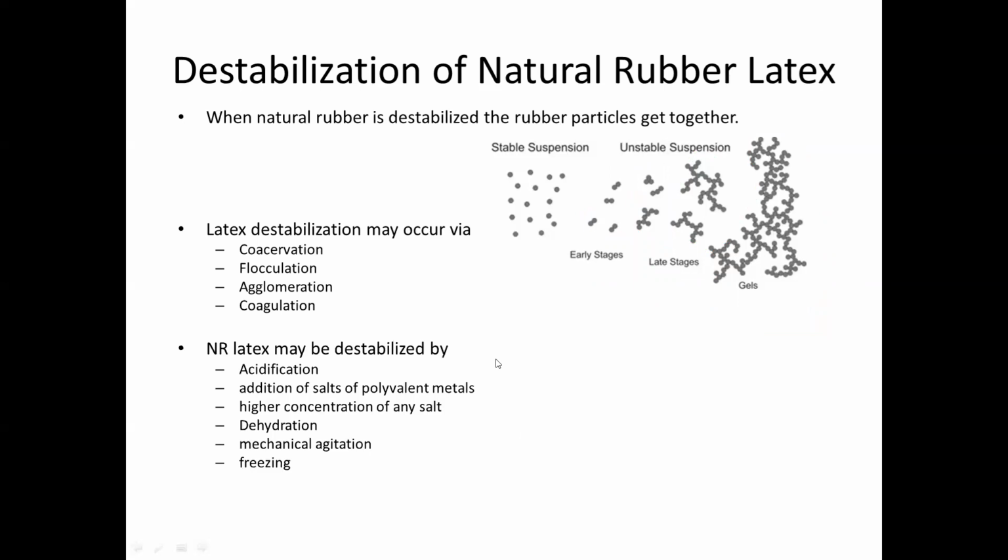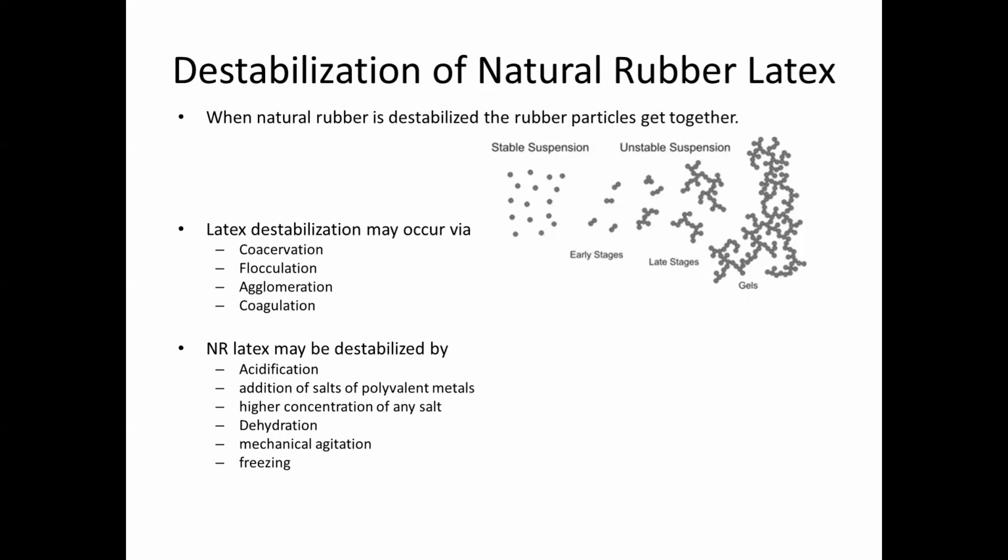Okay. Now, the destabilization that you have learned previously is via acidification. Can you all remember the VFA number you learned? Volatile fatty acid number increases. That means it destabilizes natural rubber latex.